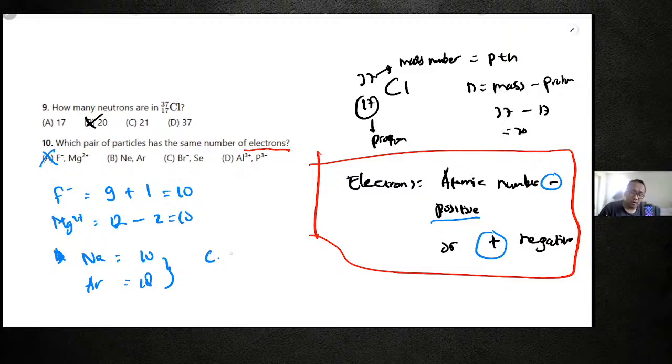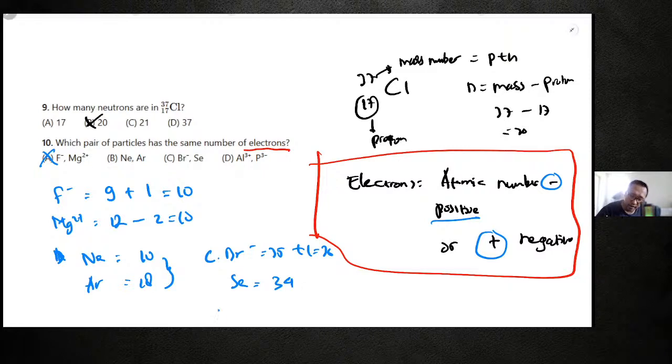Br has atomic number 35. Br minus is plus 1, so it should be 36. And then for Se it should be 34 over here. Not a match.